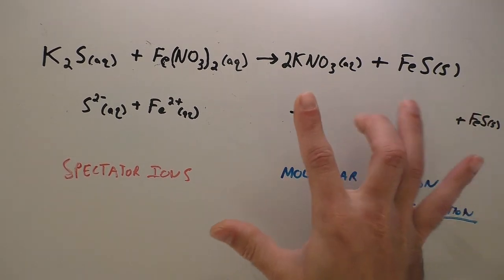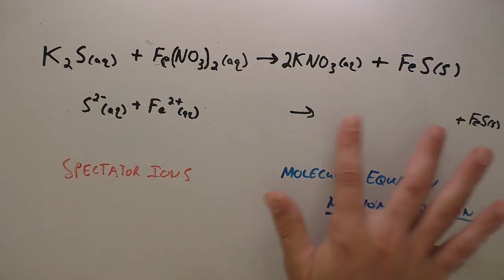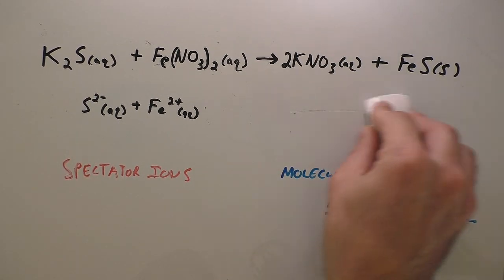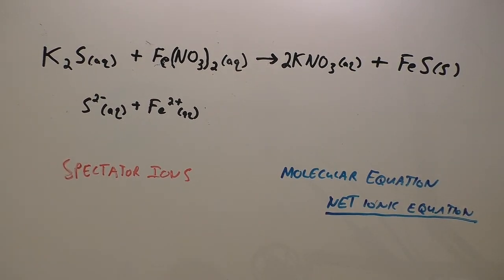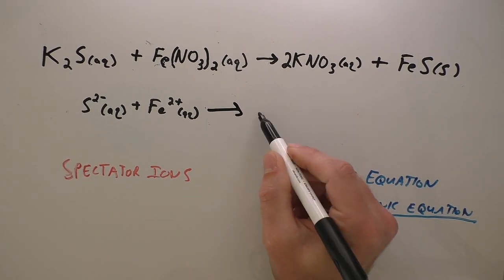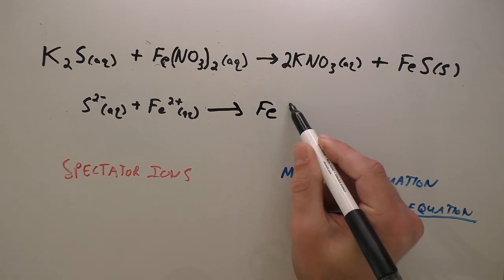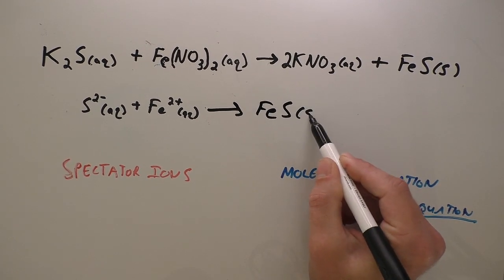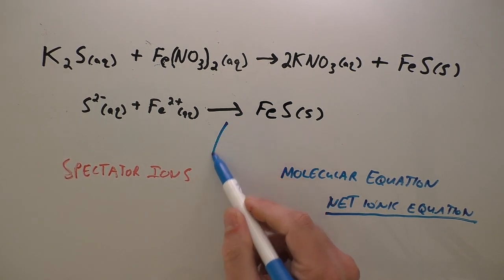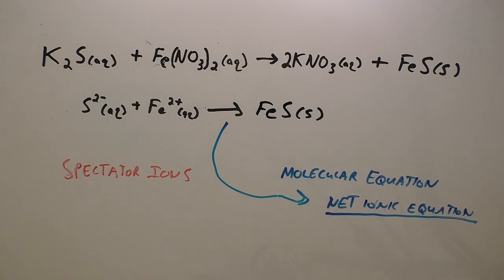And just to sort of bring things a little bit closer together, I'm going to move my reaction arrow and my ferrous sulfide all the way to right next to that. So it's going to be FeS, solid. So this right here, that is my net ionic equation.